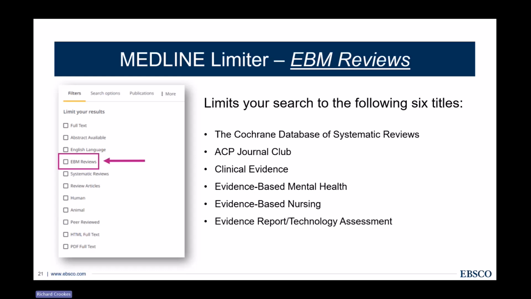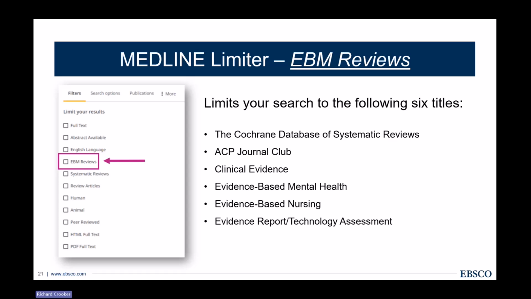EBM is slightly different in that the EBM reviews filter from MEDLINE works in the same way. You enter your search terms and apply the filter from the advanced search page. It will retrieve records that are available in the Cochrane Database of Systematic Reviews, ACP Journal Club, Clinical Evidence, evidence-based journals, evidence reports, and technology assessments as well.